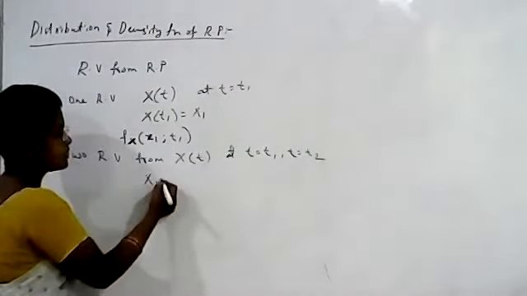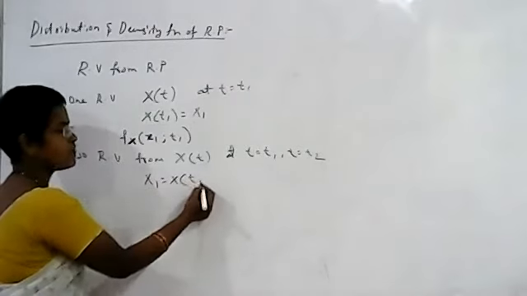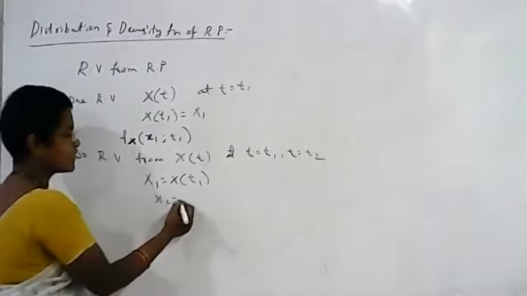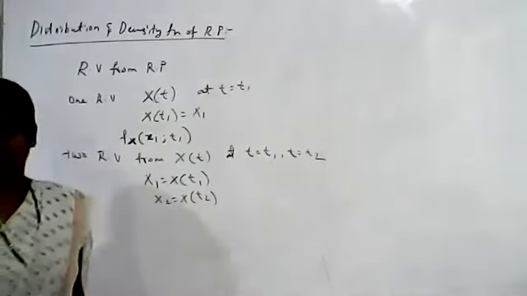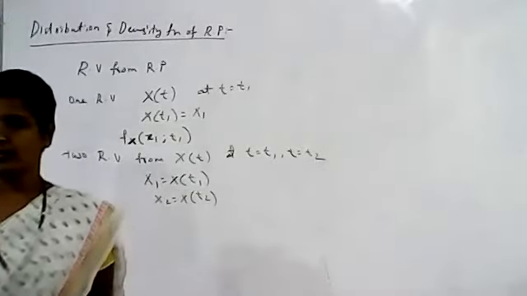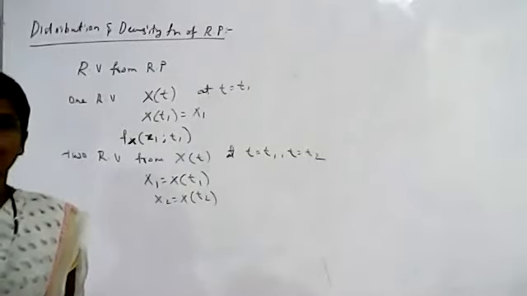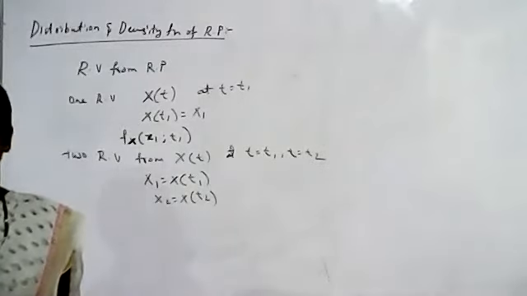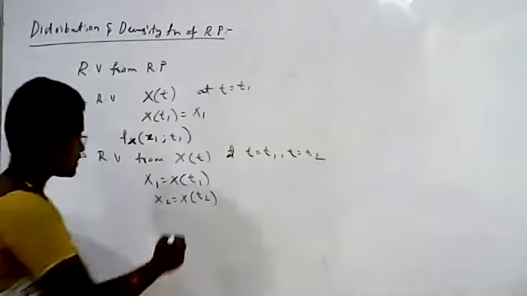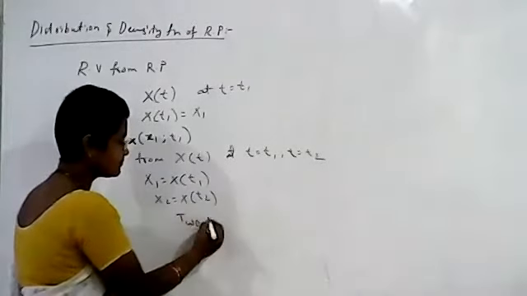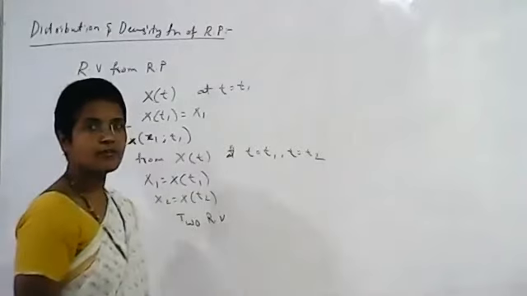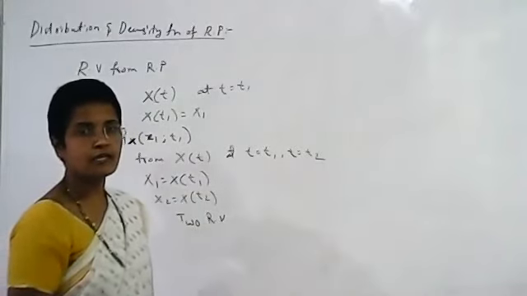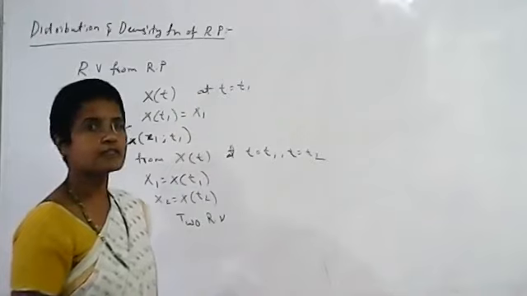X1 is the random variable X of t1, X2 is the random variable X of t2, and it will have all the statistical properties related to its joint probability density function, because here we are using two random variables.